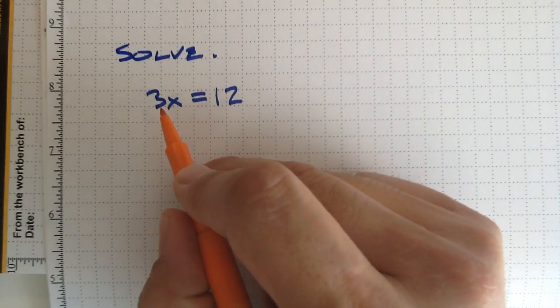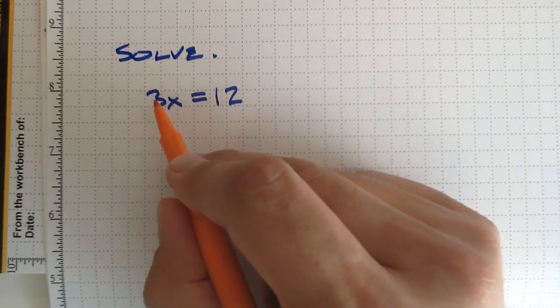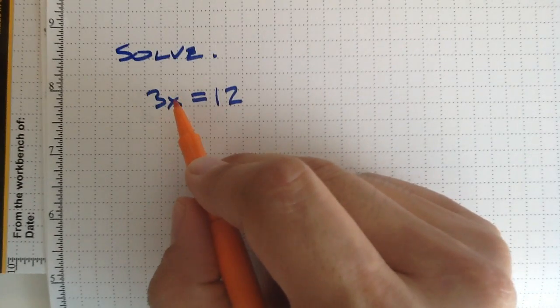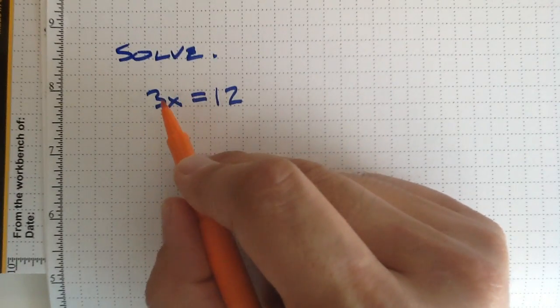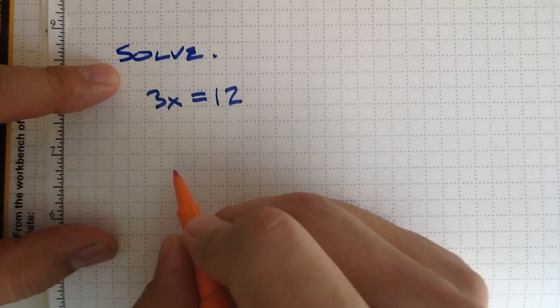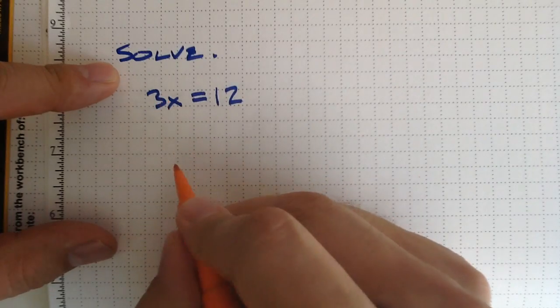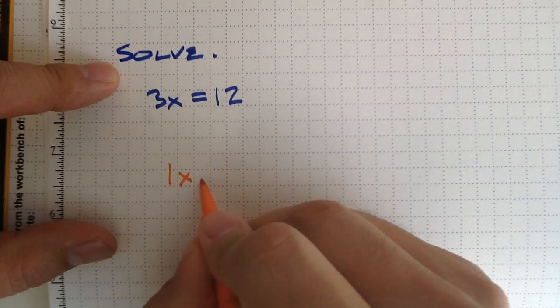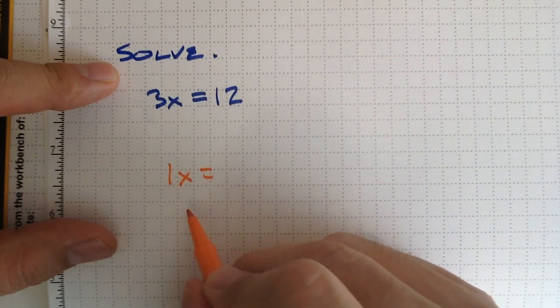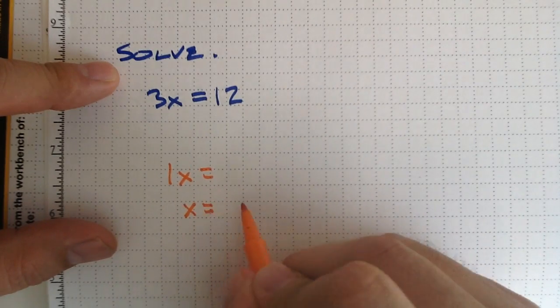But here that's not the case, because if we make 3 into a 0, 0 times x, regardless of what x is, becomes 0 and disappears, and the variable that we're solving for is no longer part of the problem. So instead, what we're shooting for is to get this number to become a 1. That way we get 1x, and 1x is the same thing as just x, and we get our answer.